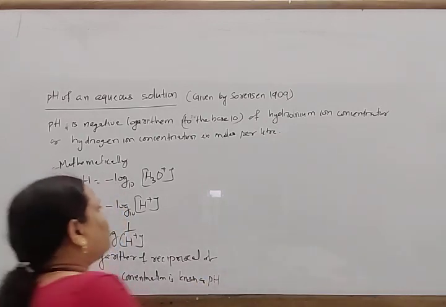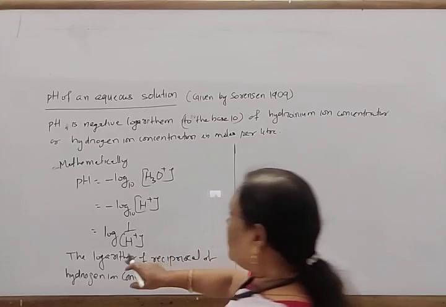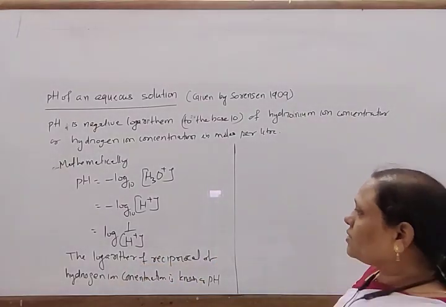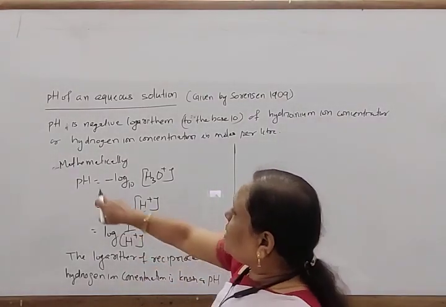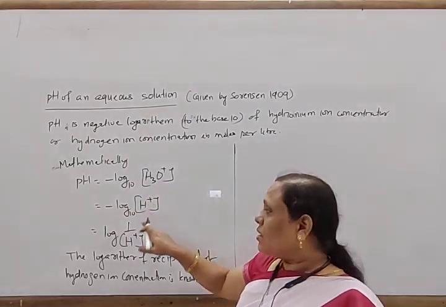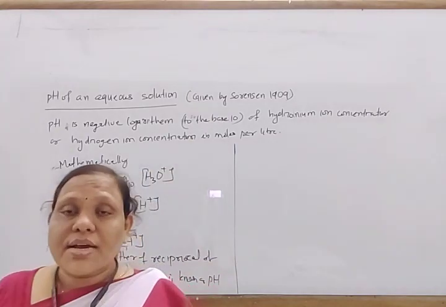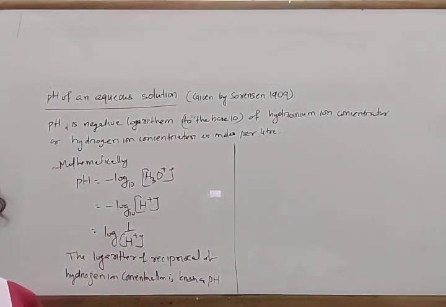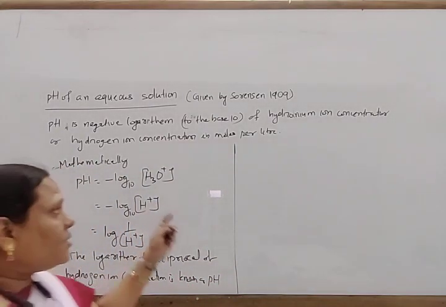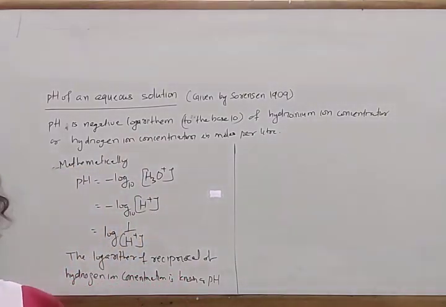So pH is the negative logarithm of hydrogen ion concentration, minus log [H+] or minus log [H3O+].